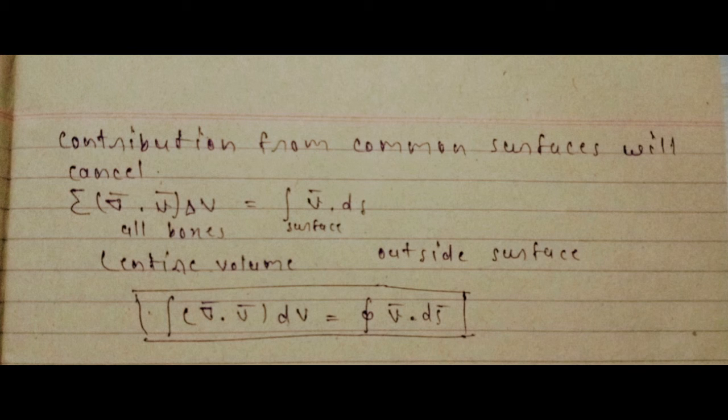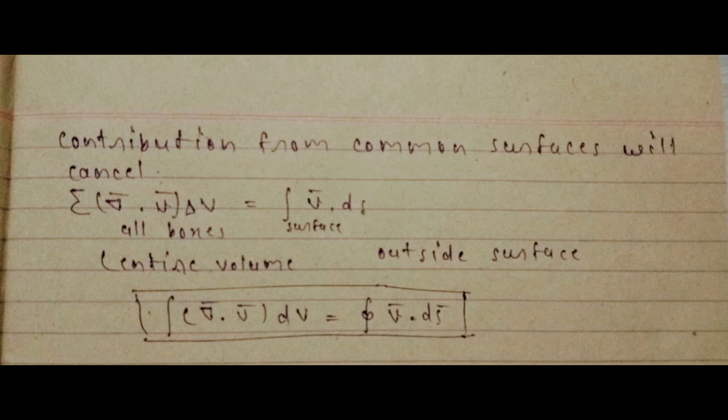Why? Because there is nothing to cancel on the outside surface. So, when I add over all the boxes, I am left with integration V dot ds over the outside surface, that is the surface of the closed volume, and that is what the divergence theorem is.